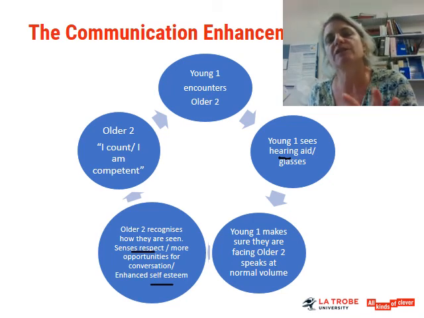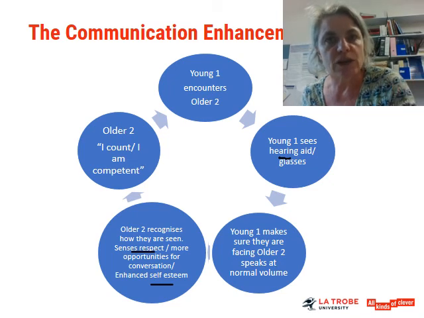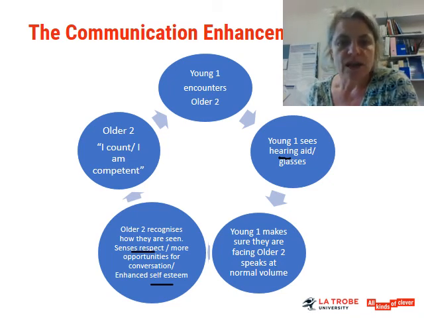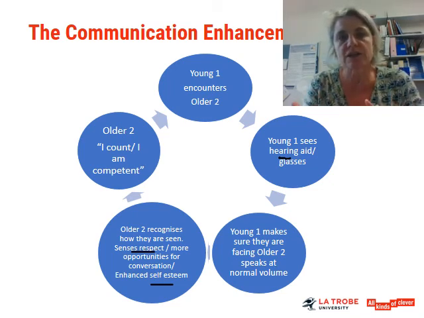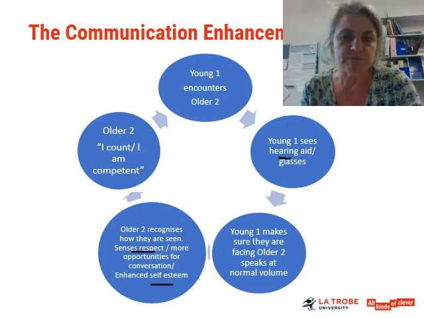Basically, the message you give older people is: you count, you're competent. The idea is that the communication experience is an enhancing experience for the older person, rather than one that diminishes them.